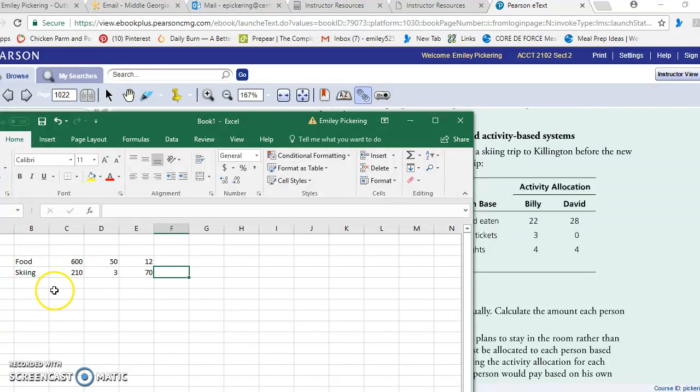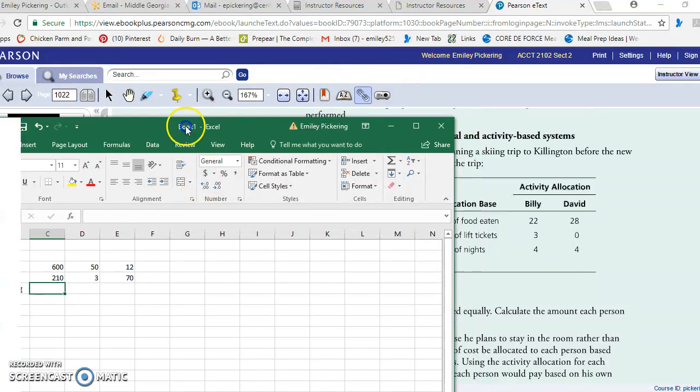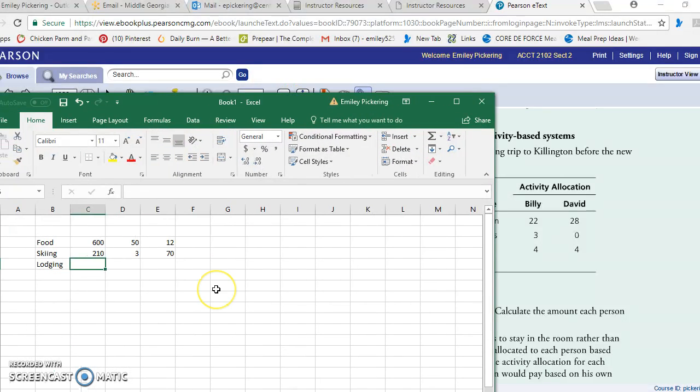And then finally, we're going to do lodging. The total cost of lodging is 200. Seems kind of like a good deal. And then we have a total of 8 nights, 4 for each one. So the cost per night per person is $25.